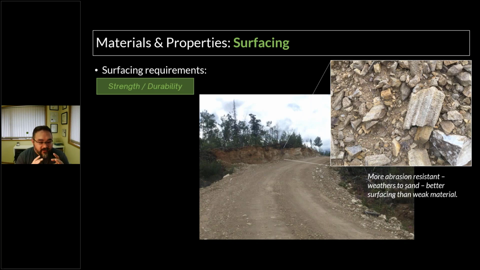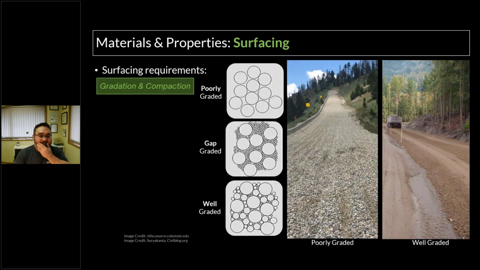It also changes the gradation of that material as it erodes, and the gradation of the material is super important, because that's going to determine how well that material locks together.